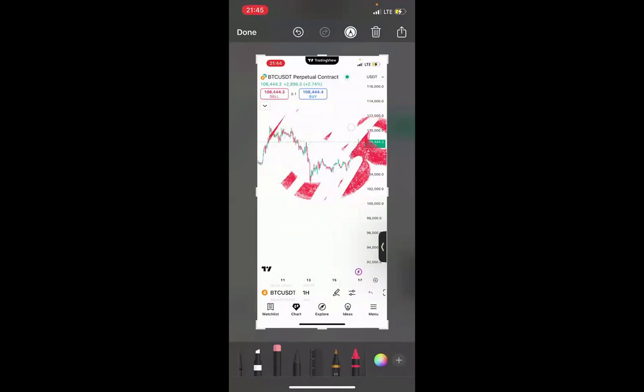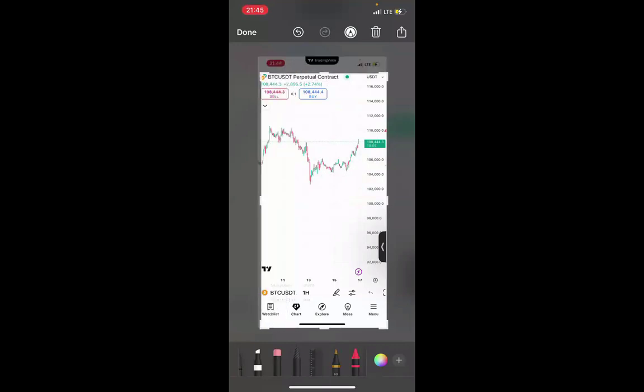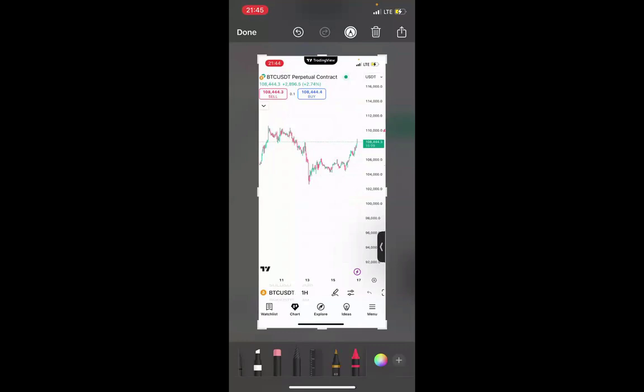All right. So the next thing you will see on your screen is the buyers, which is represented here, and the sell, and you'll also see the pair, which is BTC USDT.